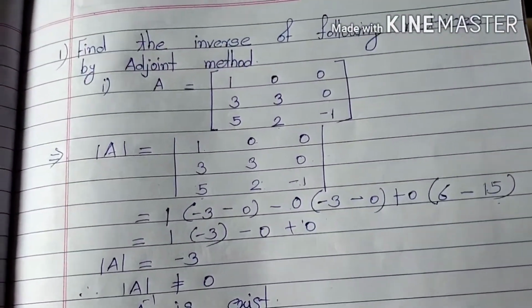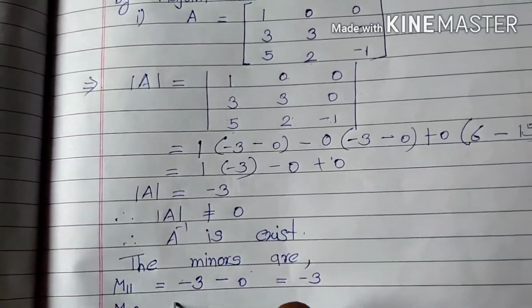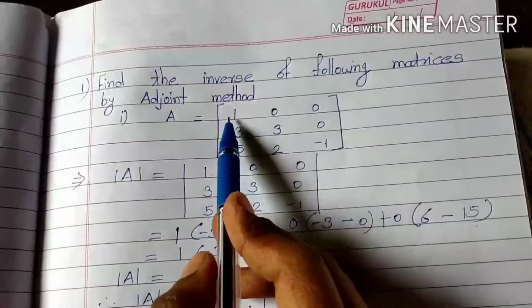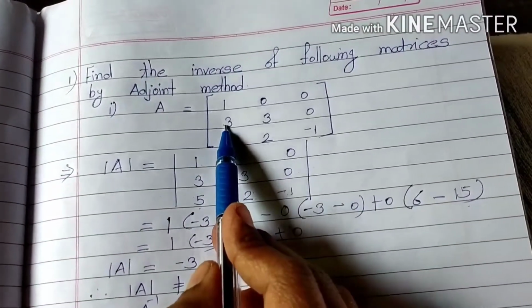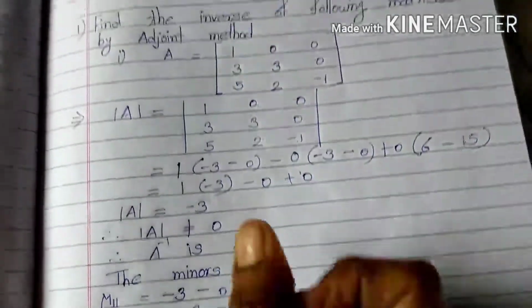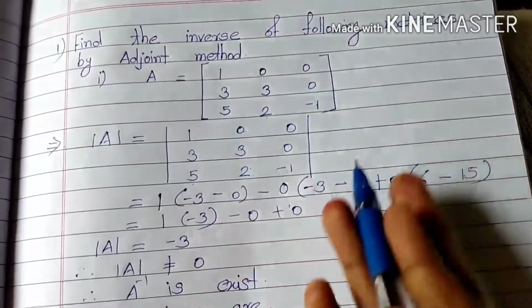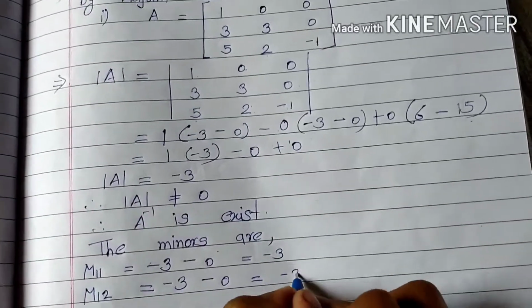So the answer is minus 3. Next, M12. M12 means first row and second column, you get 3 into minus 1 minus 3 minus 5 into 0 0. So your answer is minus 3.